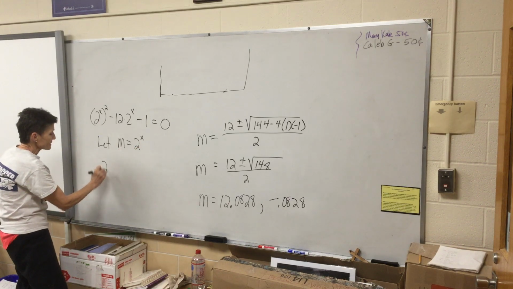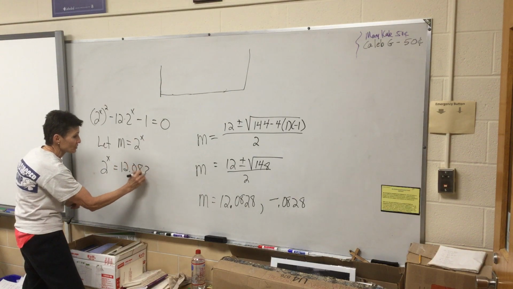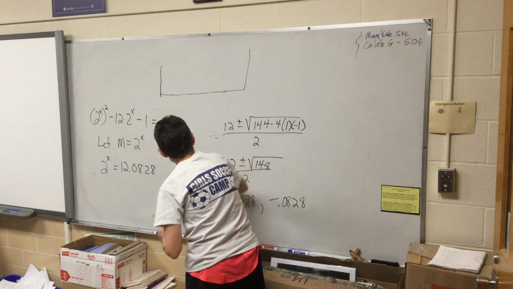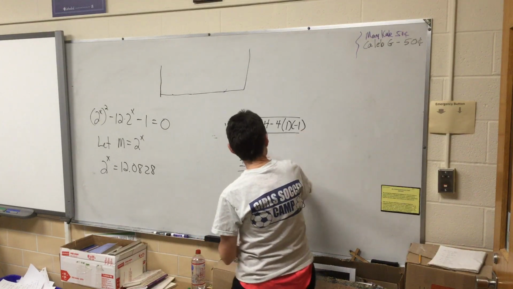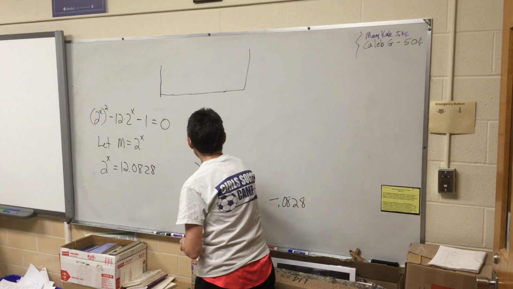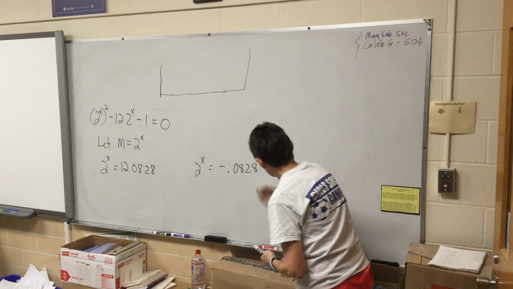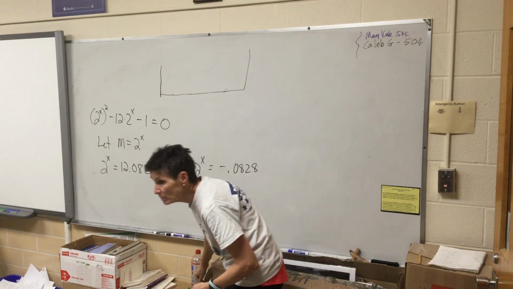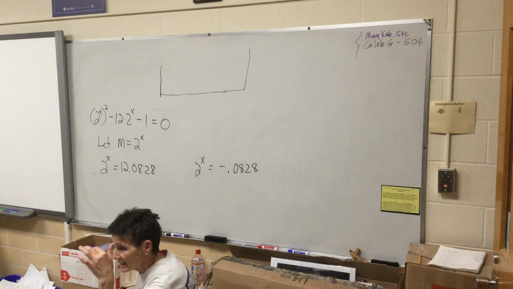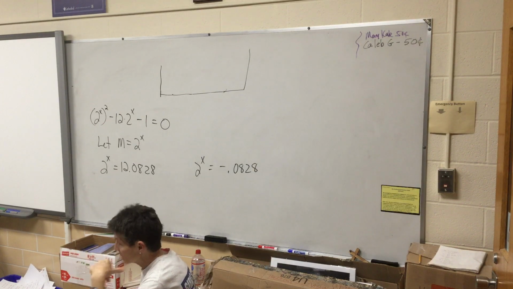So what this really says is 2 to the x equals 12.0828, and 2 to the x equals negative 0.0828. Did everybody follow that move? Remember, I substituted in m for 2 to the x. Well, now it's time to unsubstitute.